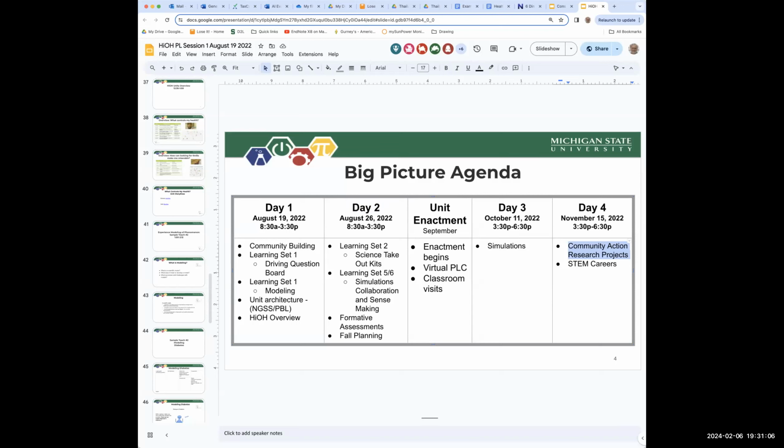So day 4 really focuses on supporting the teachers to support the students to do this research, because students are doing their own research now. What does this look like in your classroom to do your own research with your students?